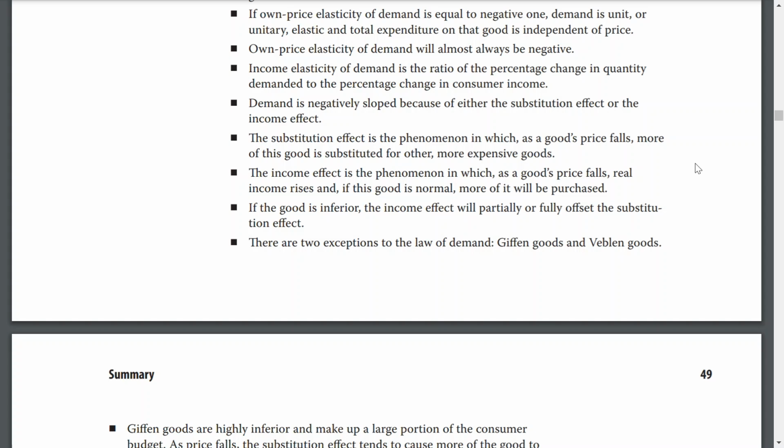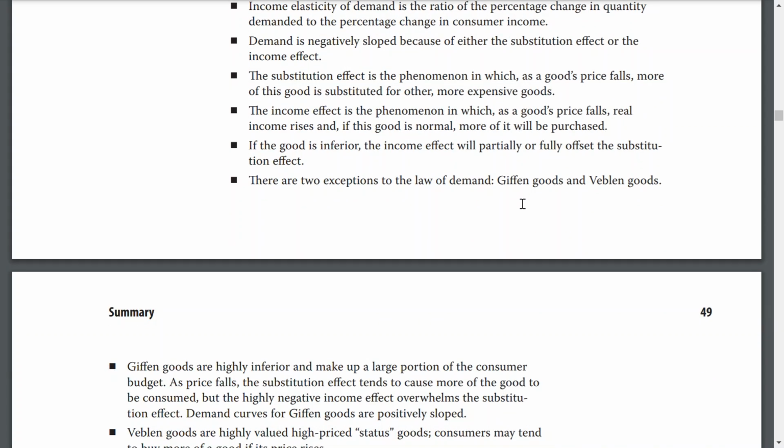The income effect is the phenomenon in which, as a good's price falls, real income rises, and if the good is normal, more of it will be purchased. If a good is inferior, the income effect will partially or fully offset the substitution effect.